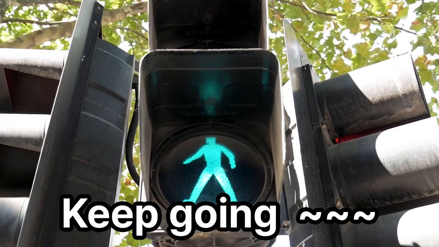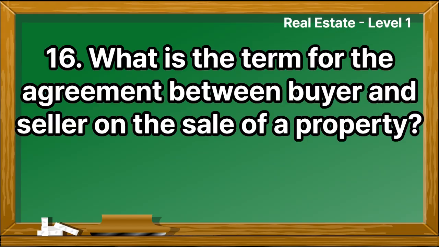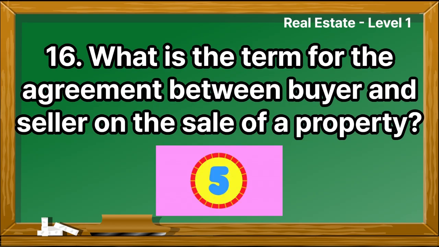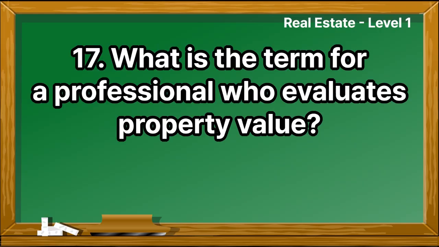Keep going. What is the term for the agreement between buyer and seller on the sale of a property? Purchase agreement. What is the term for a professional who evaluates property value?